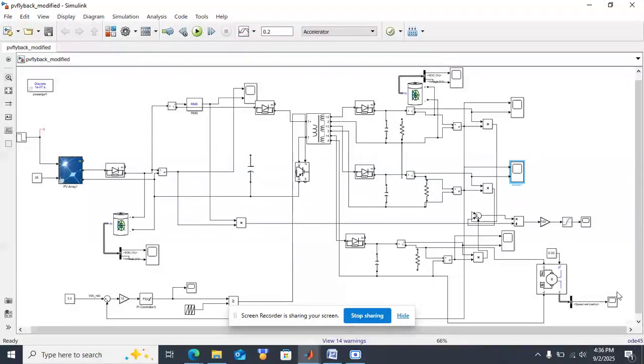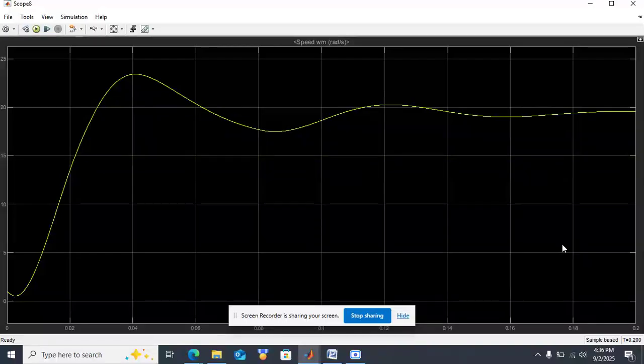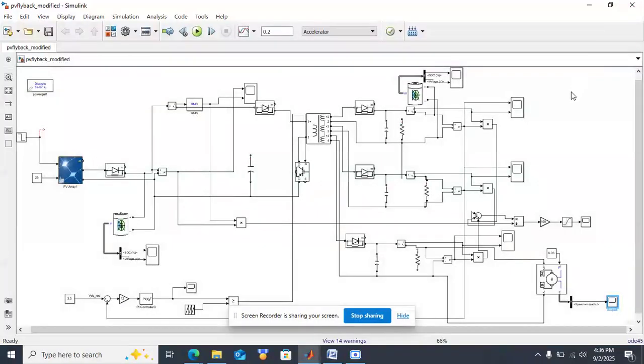And here for the RL load, the motor speed is around 20 radian per second, so it is around 200 rpm. In rpm, if we measure it, it will be around 200 rpm.